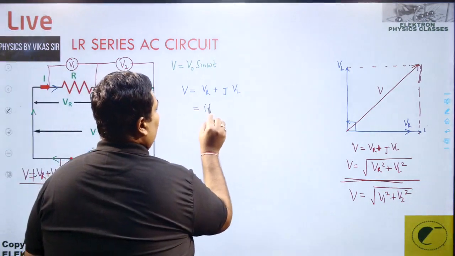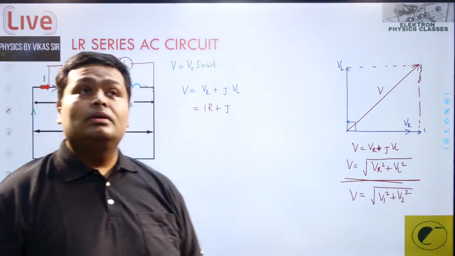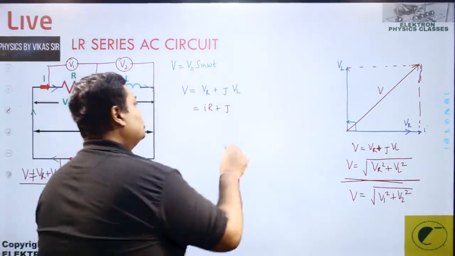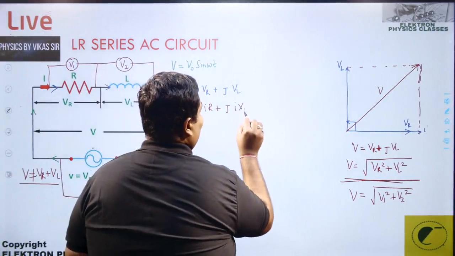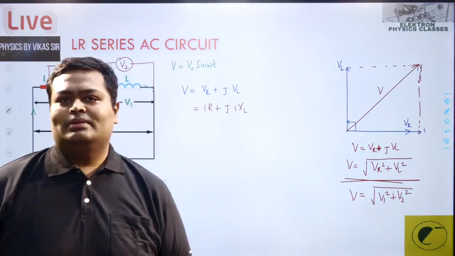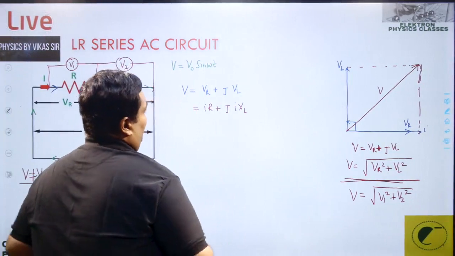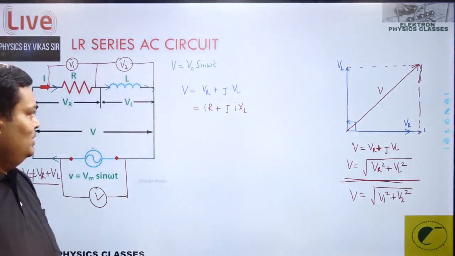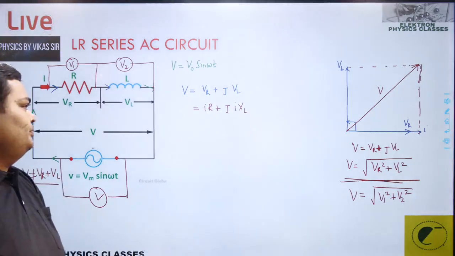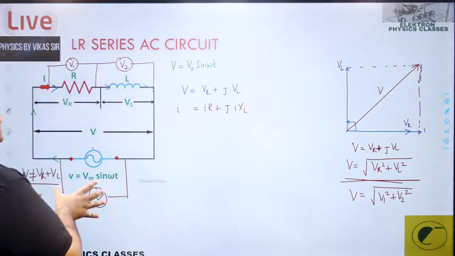अब मुद्दे की गहराई नापते हैं। VR कैसे लिखेंगे सर? ओमिक, I इंटू R। और VL कैसे लिखेंगे? हाँ सर पता है हमें। I इंटू XL सर। ये बात, ये समझे आप, और ये है सही जड़। सर इसको कैसे लिखोगे? यहां गाड़ी अटक गई भाई, इसको लिखना नहीं आता। I इंटू मतलब नेट वोल्टेज किसके बराबर है?